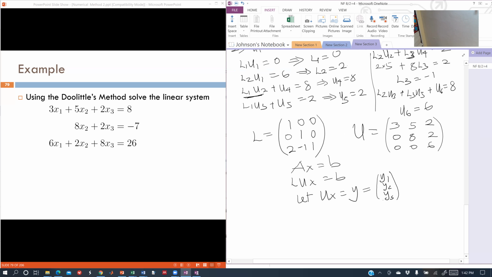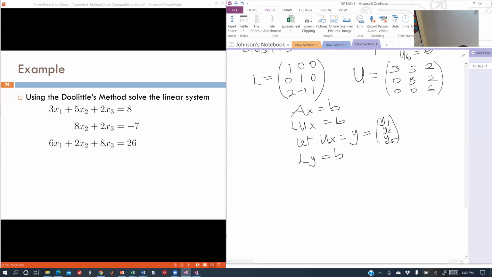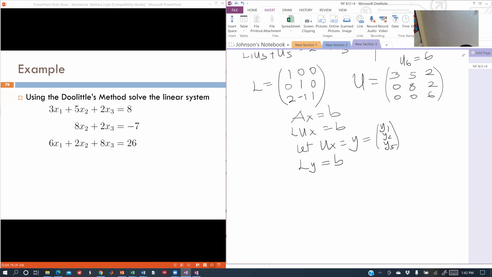We said that Y must be of the same size as X. And so we now solve our lower matrix form LY is equal to B. So let's write LY is equal to B. LY is equal to B can be written as 1, 0, 0, 0, 1, 0, 2 minus 1, 1 times Y1, Y2, Y3 is equal to, what is this?